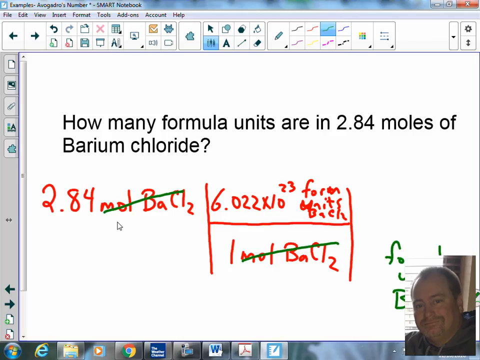2.84, and I'm multiplying that by Avogadro's number. Hopefully you remember how to program Avogadro's number into your calculator from the other day.